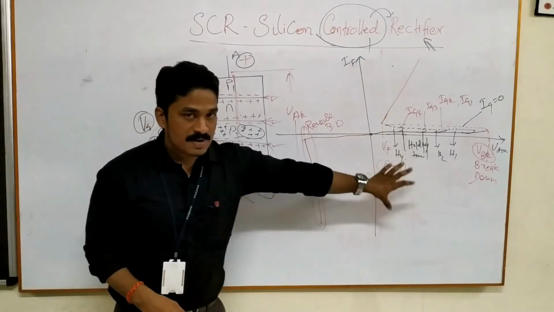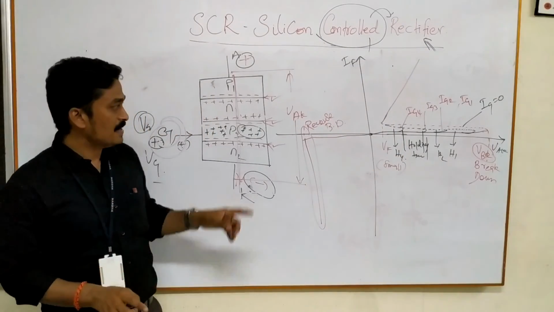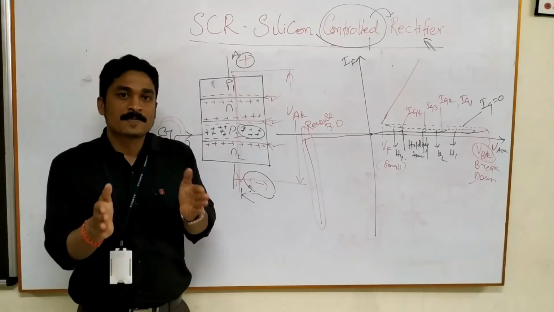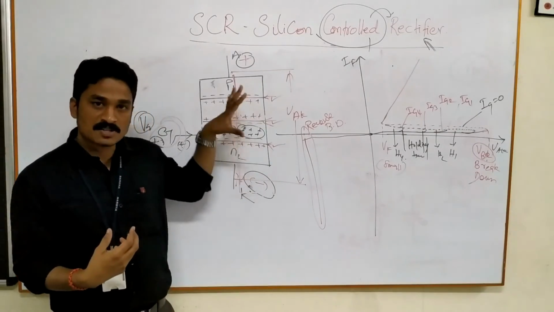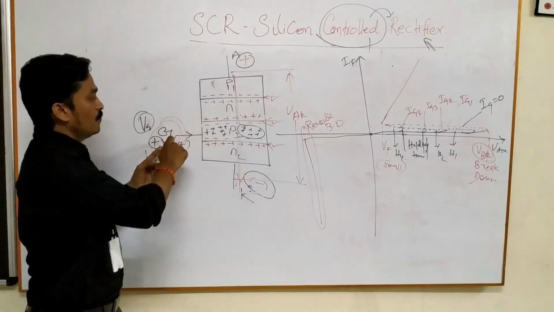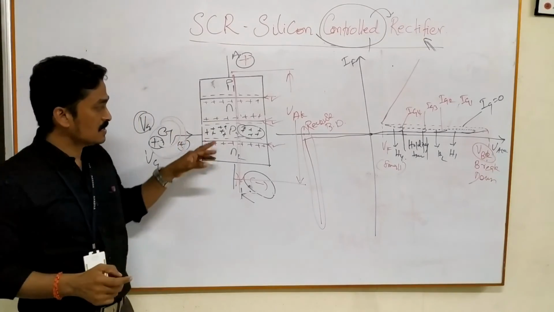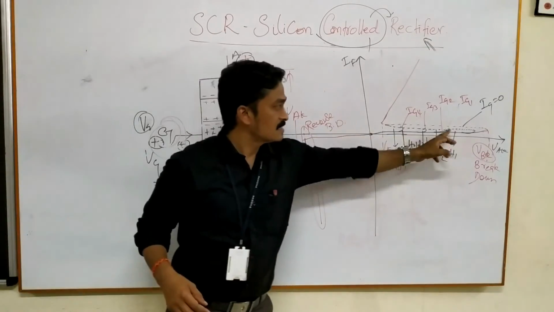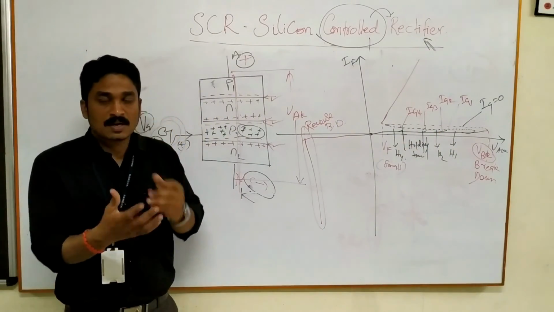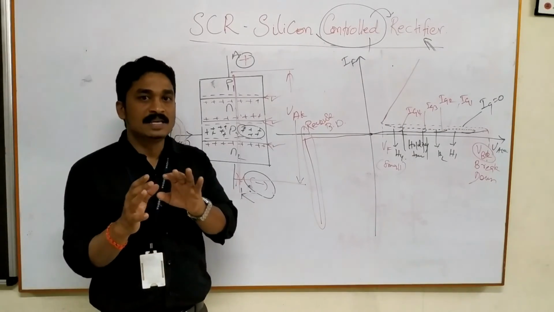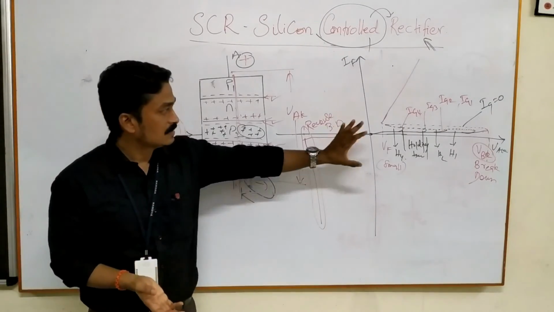In the forward bias characteristics also the same thing happened. We got one reverse biased junction, and to break that junction we needed larger voltage. Instead of doing that, if we apply extra force to this particular junction, then what will happen? The breakdown occurs quickly, something like this. So the more the gate current, the quicker the breakdown happens.